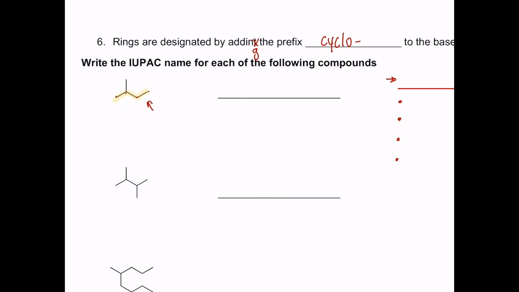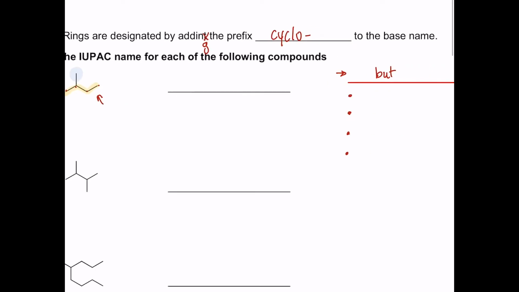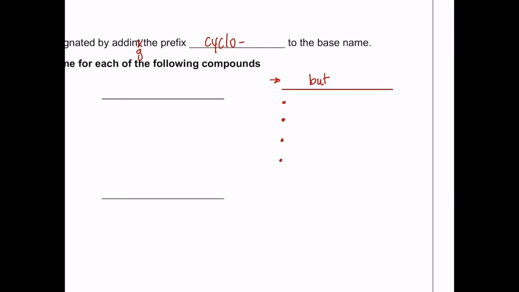Alrighty, now that we've picked the parent chain, let's go ahead and circle our substituent. Boom, there's our substituent. Our parent chain has 4 carbons in it, so we're going to use the root name for 4, which is but. And because it's all single bonds, we finish the parent chain with A-N-E, that suffix that we talked about earlier.